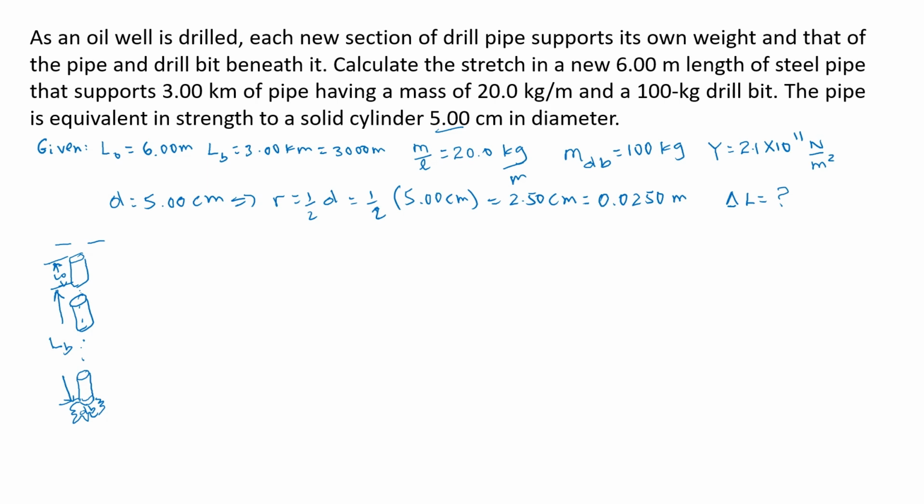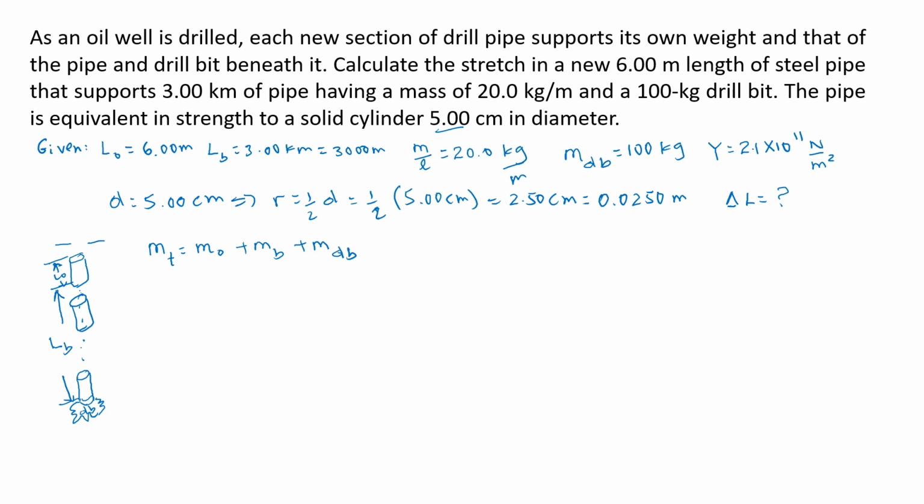So how do we find the force exerted by these masses, by these pipes? To do that, we need to find the total mass first. So what is the total mass? The total mass is going to be mass of the newly added pipe plus mass of the pipes beneath this newly added, let's call it MB, plus mass of the drill bit.